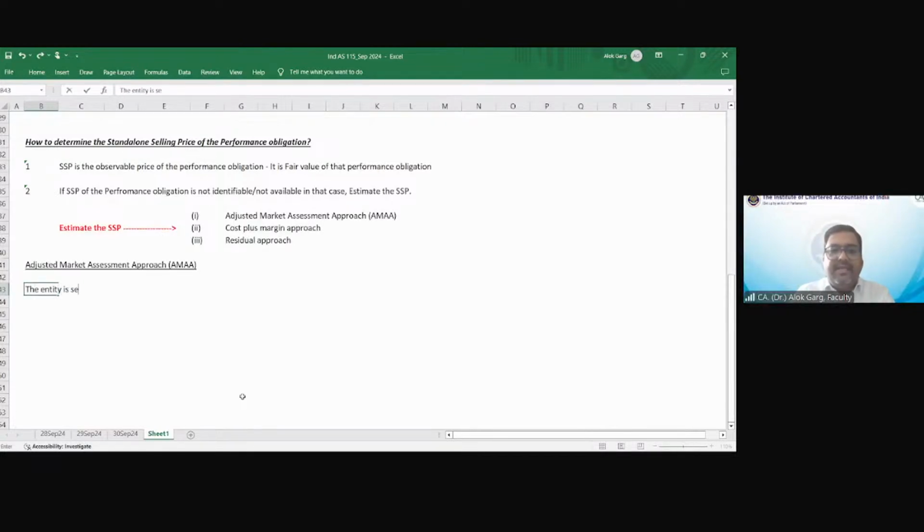The entity is selling a package of goods and services: AC, stabilizer, installation, and warranty and maintenance service. The entity is not selling the stabilizer separately.